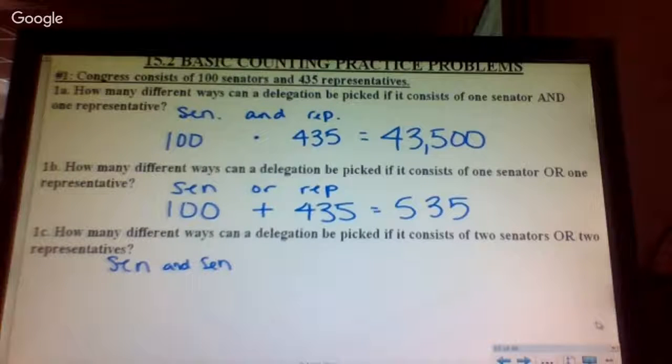Okay, so 2 senators looks like senator and senator, or 2 representatives looks like representative and representative. You have to represent both of them. So how do I write senator and senator? 100 times 99.